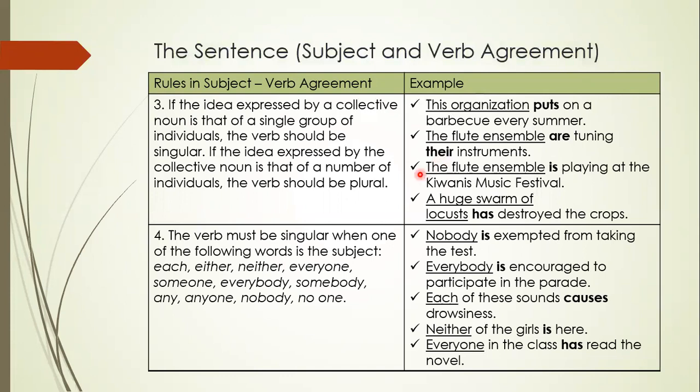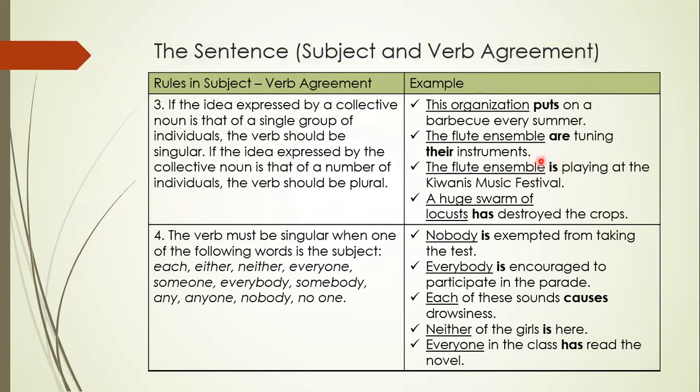Another one: the flute ensemble is playing at the Kiwanis Music Festival. All right, the flute ensemble is a single group. It's not talking about the members of the flute ensemble, no, it's talking about the flute ensemble itself, the group.